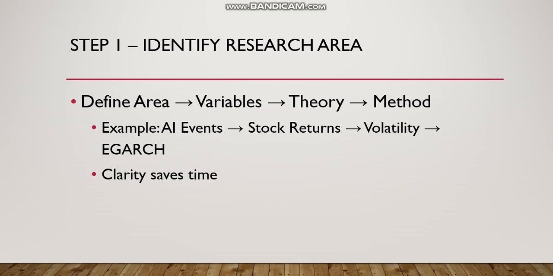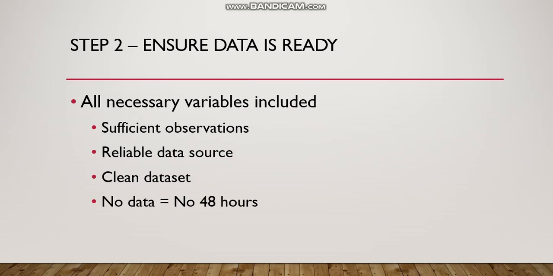Okay, so now the next one is to get our data and ensure that the data is ready. We have to confirm that all the necessary variables that we have identified earlier are included. We also have to ensure that we have enough observations, because various models require some amount of observations. You have to see whether the data you have has sufficient observations, and also a reliable data source.